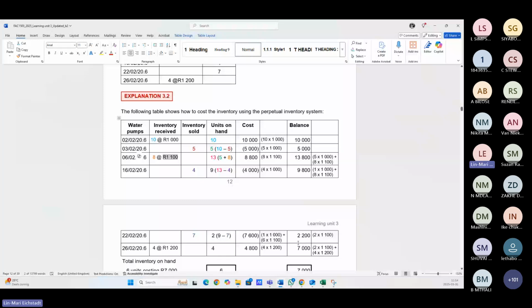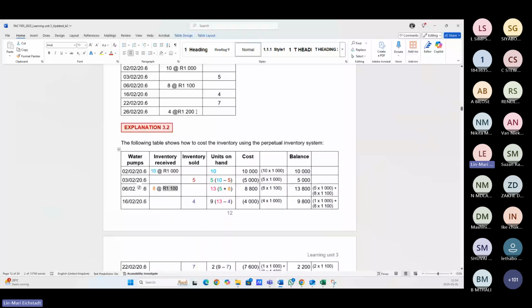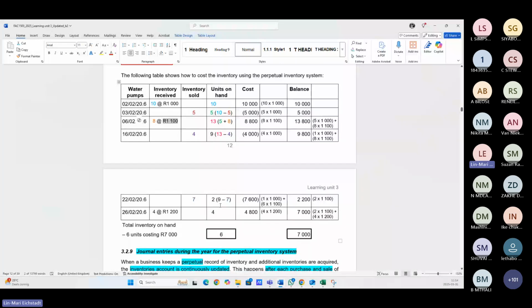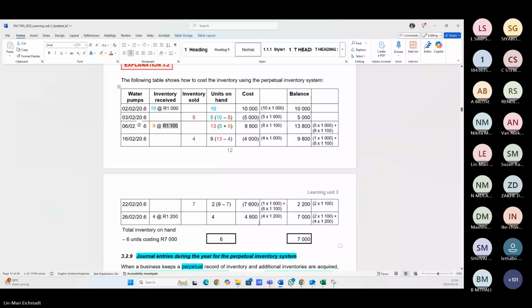And then at the end, we have another purchase at 1,200 Rand per unit per water pump. So our third purchase was 4 units at 1,200. Right? And the units on hand, when we closed off our previous period, we actually had 2 units still on hand, and now we have an additional 4 units purchased, right?